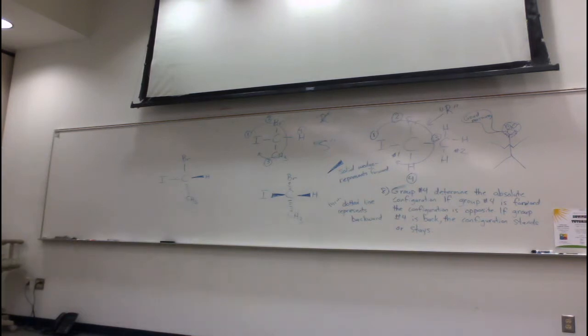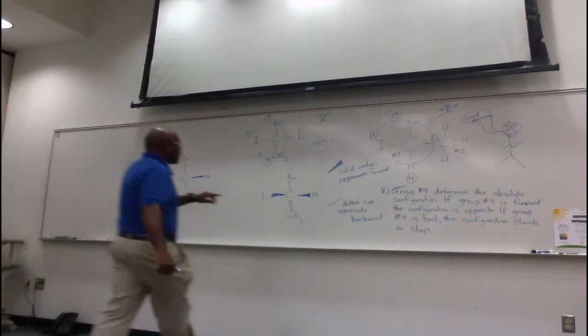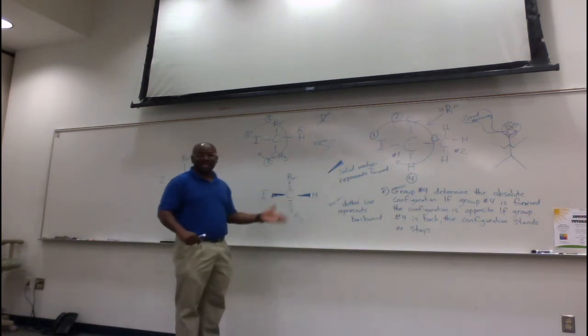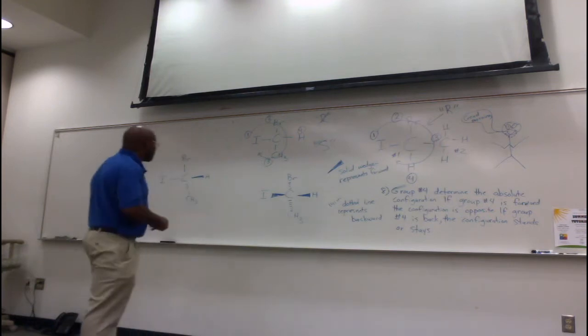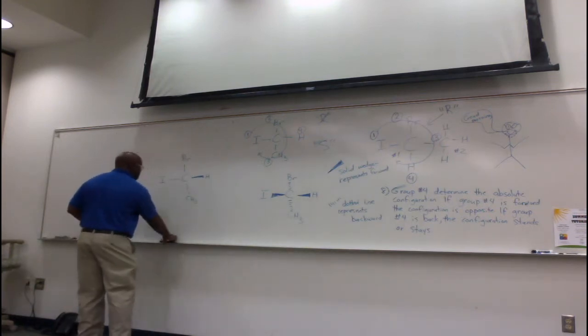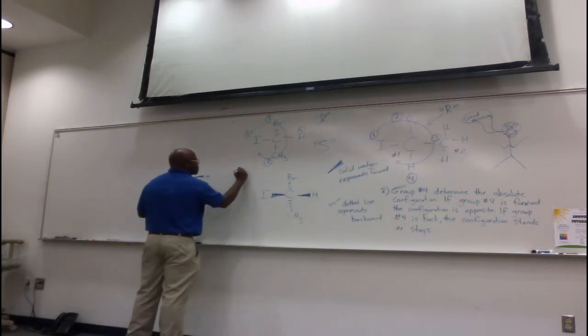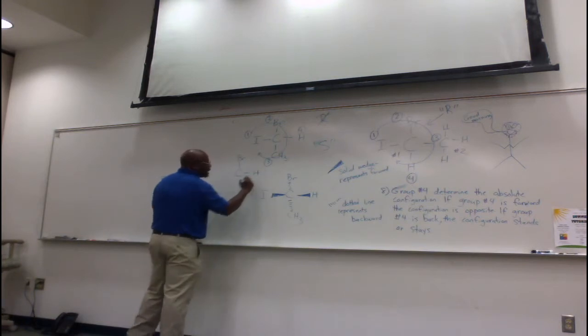Now, what I ended up doing, I randomly picked bromine, carbon, iodine. Equally, you could have picked bromine, carbon, and hydrogen being locked.